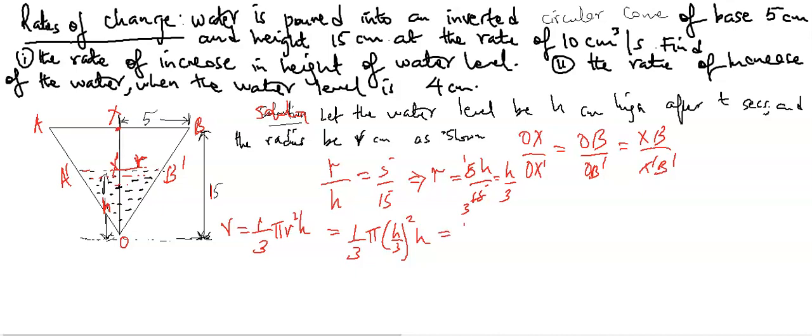This will give us a third pi h cubed over 3 squared, and we can write this as pi h cubed over 27.